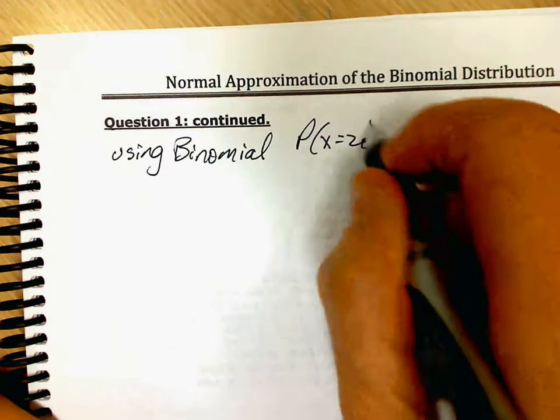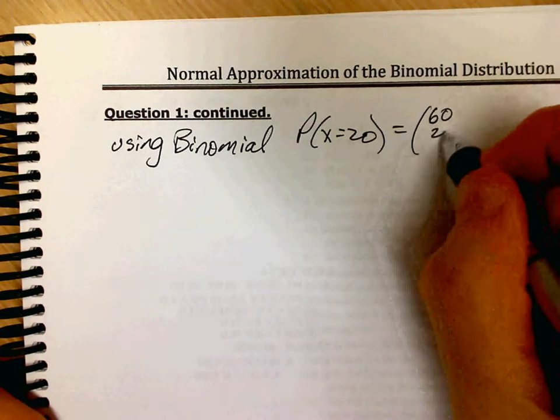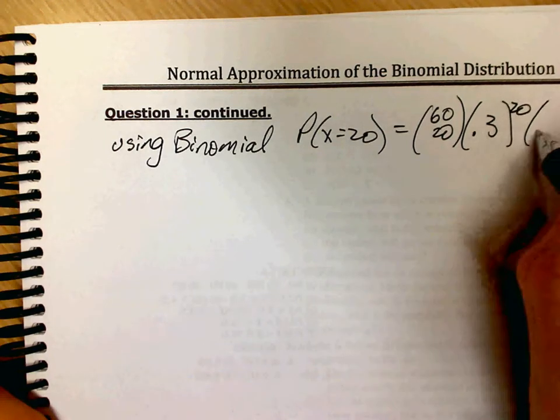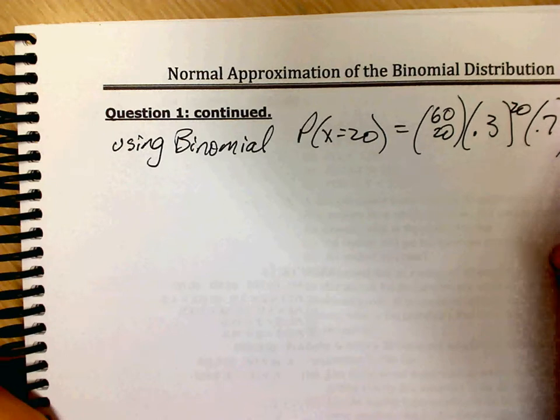So we have 60 choose 20, 0.3 to the 20, just like in the last unit, 0.7 to the 40, which is approximately 0.0937.